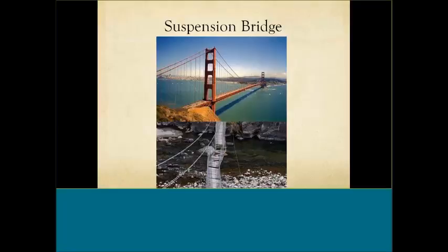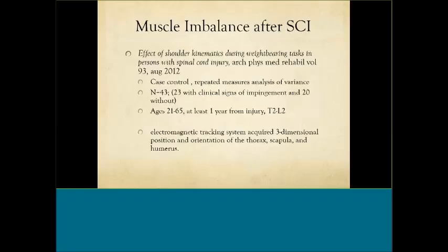Okay, so let's talk about this muscle imbalance. They actually did a study where they put a bunch of electrodes all over the shoulder, and were able to evaluate both the movement of the scapula, or the shoulder blade, as well as the rest of the arm bones.